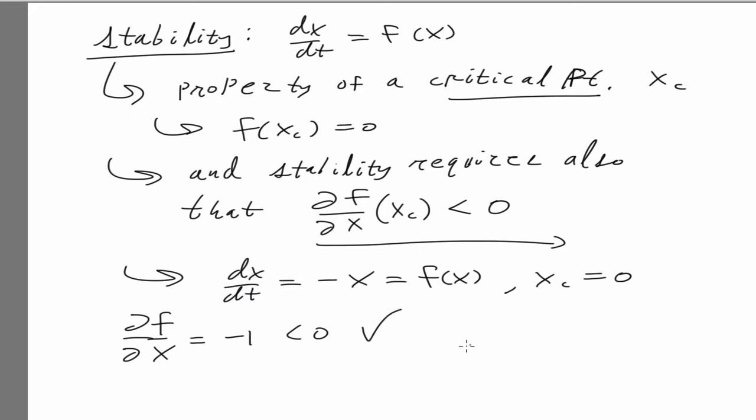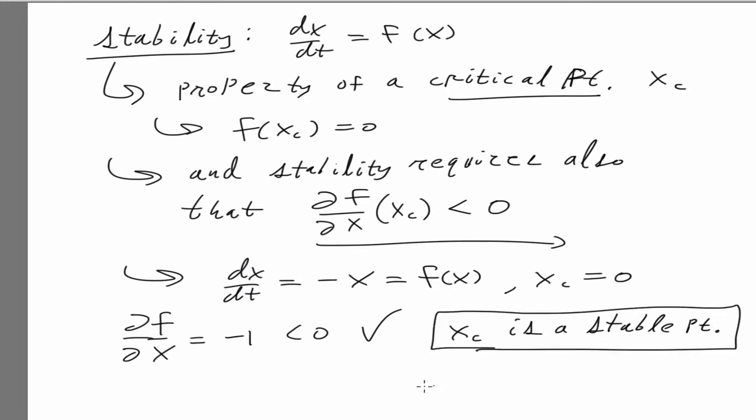So what we conclude is that xc is a stable point. And if I draw the phase diagram, what we're going to get is this. There's our 0, and I put a solid dot there for xc equals 0, and the arrows go in. Great.